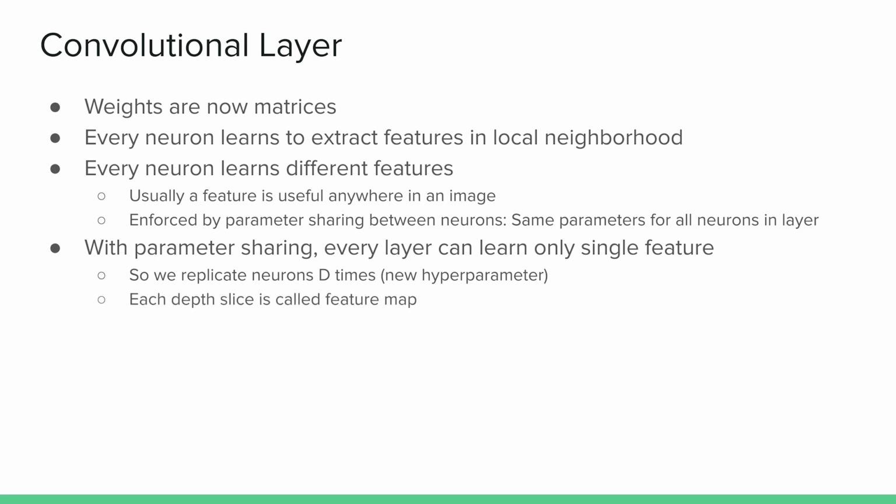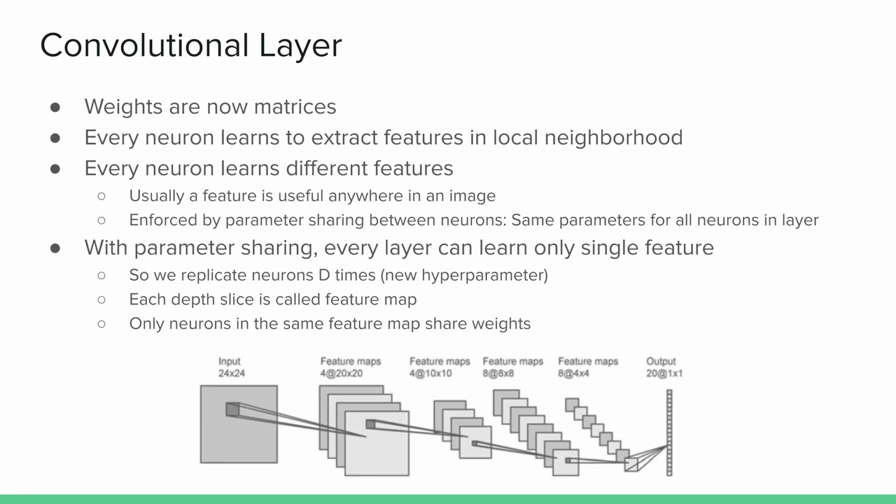And what we do is we replicate each layer d times, and each depth slice is called a feature map, which again learns one feature. So only neurons that are in the same feature map share the weights, and by replicating the layer d times, we can extract d different features in this one layer here.